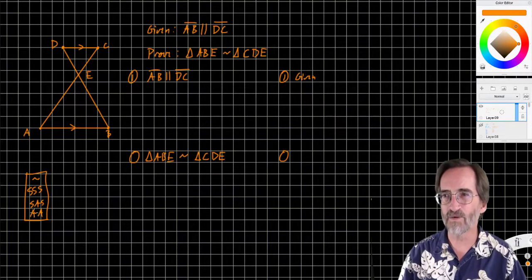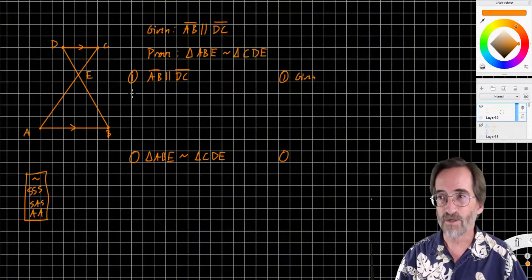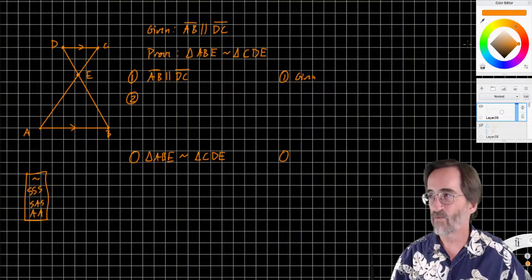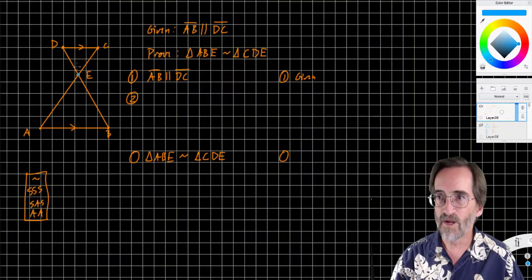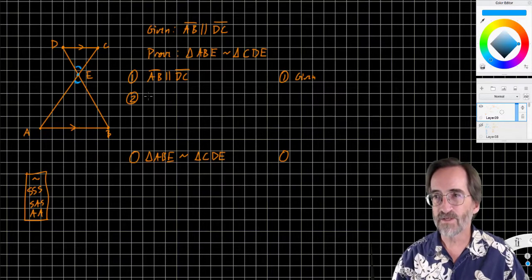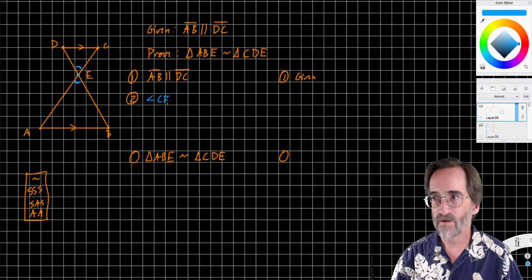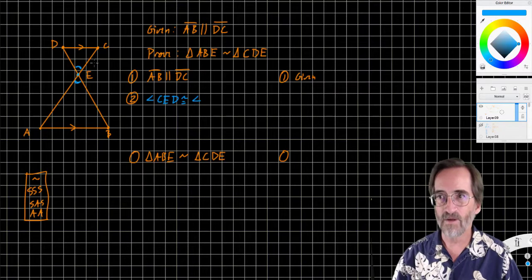All right, so let's see where we can go. One of the things that occurs to me, and we already mentioned it briefly, is that these share a vertex E. Okay, and with this shared vertex, there is a pair of vertical angles. So let's say this. Angle CED is congruent to angle AEB, right, by rotation.